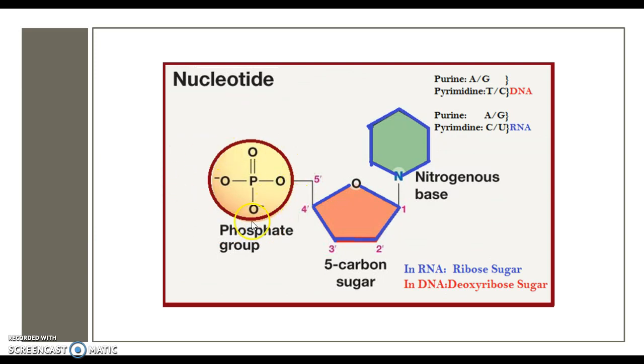There is a phosphate group that is attached to this 5-carbon sugar, and then we have the nitrogenous base. However, in RNA, instead of thymine, we have a molecule called uracil. And in RNA, adenine and uracil are always going to bond to each other.